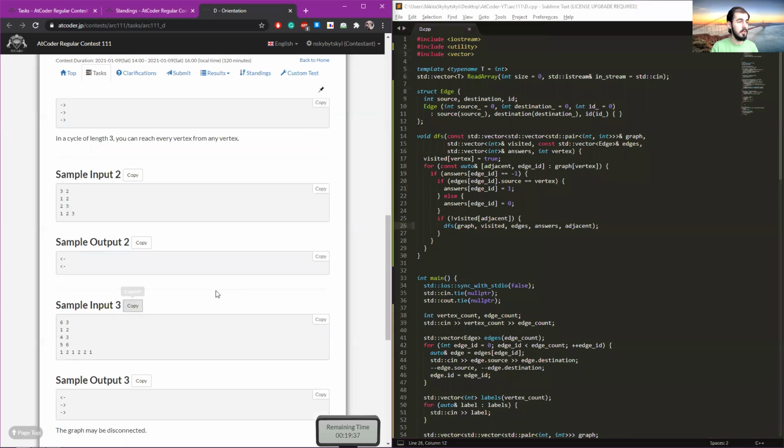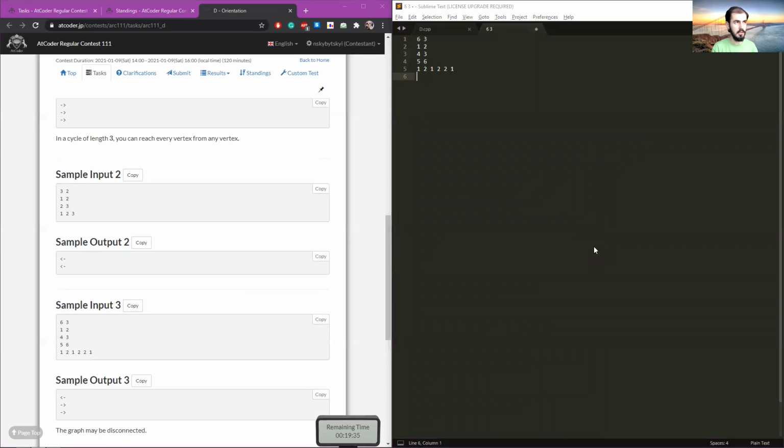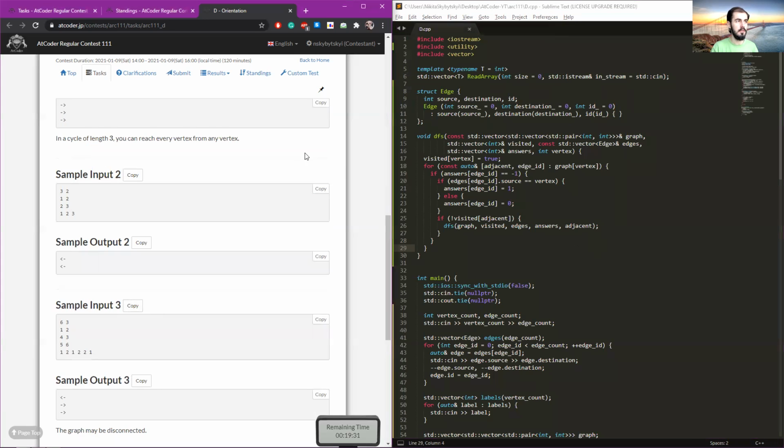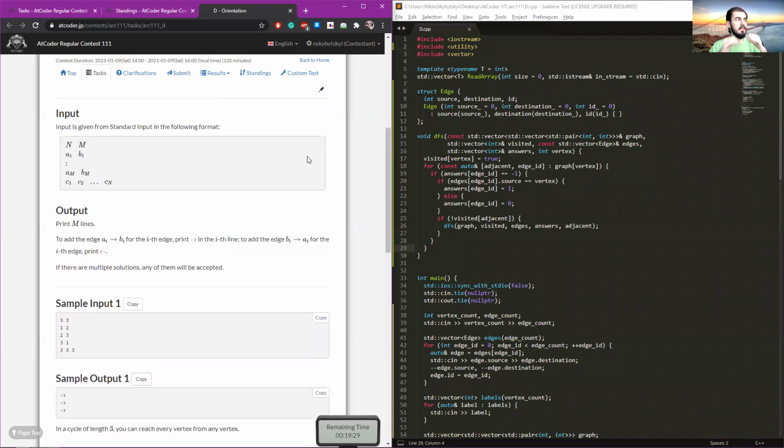I'm not sure that we are restoring cycles correctly, but it's reasonable. I believe that DFS, like, when can DFS stop? When we have no outgoing edges from the current vertex. But we have a cycle in the graph. It means that we came into this vertex from somewhere, and then there was outgoing edge from this vertex.